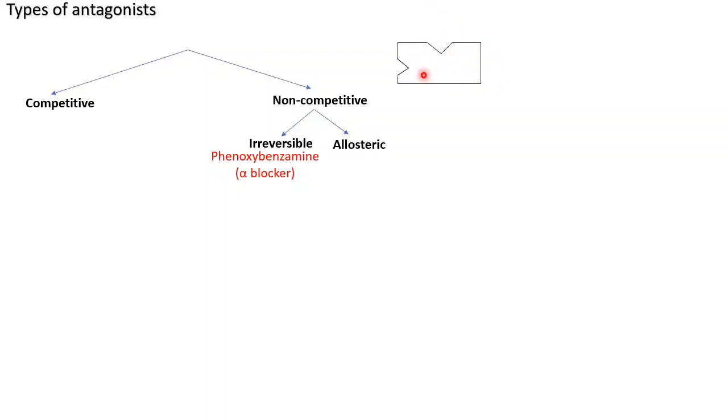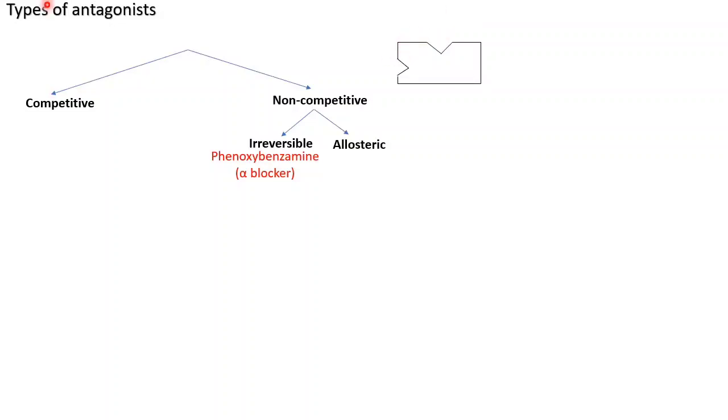If our antagonist bound here in a reversible way, it would be competitive. So our antagonist binds in a site other than the active site to which the agonist binds.